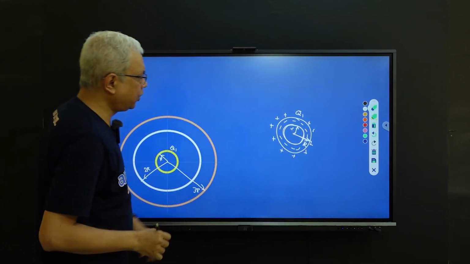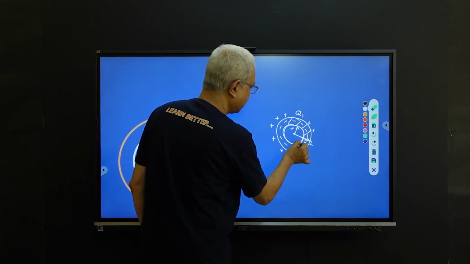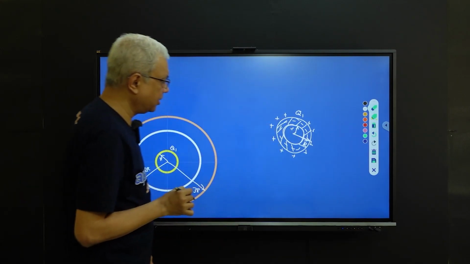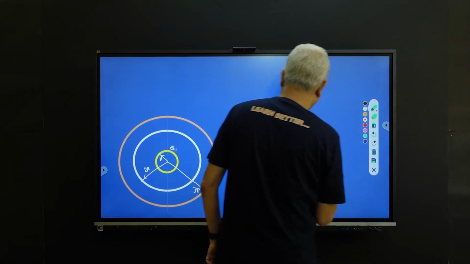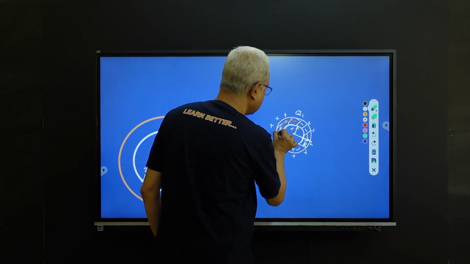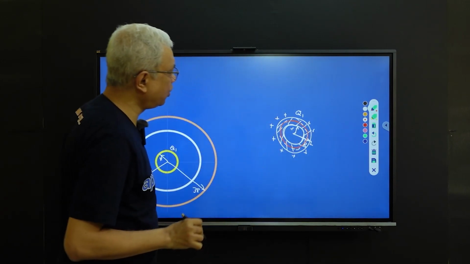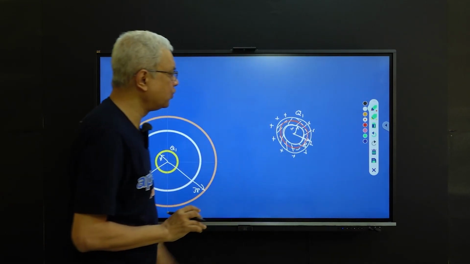Why? Because this is a metal spherical shell, so within the metal there will be no electric field. If you take a Gaussian surface through the metal, it must not enclose any net charge. Therefore, on the inner surface there will be no charge.